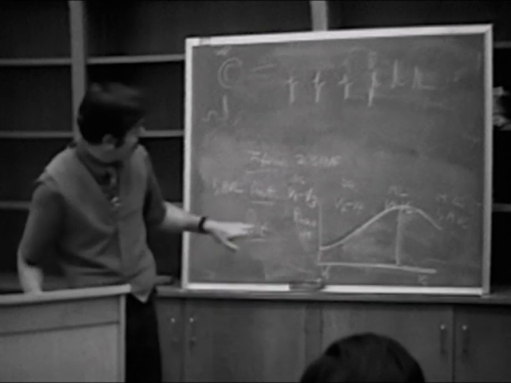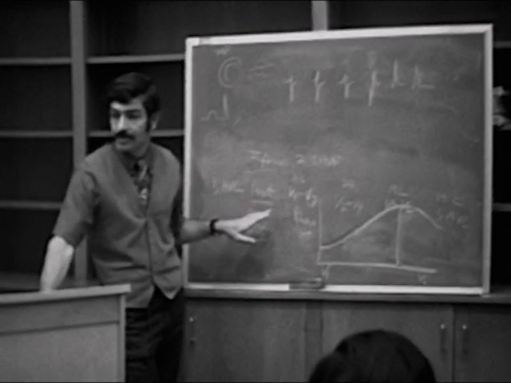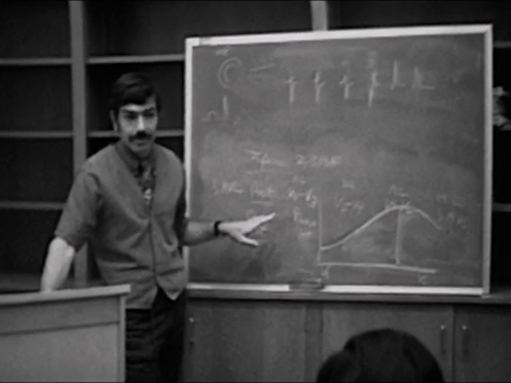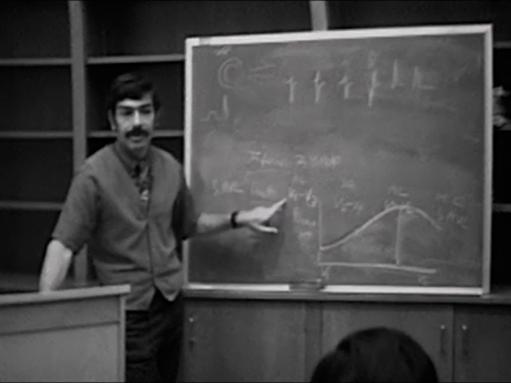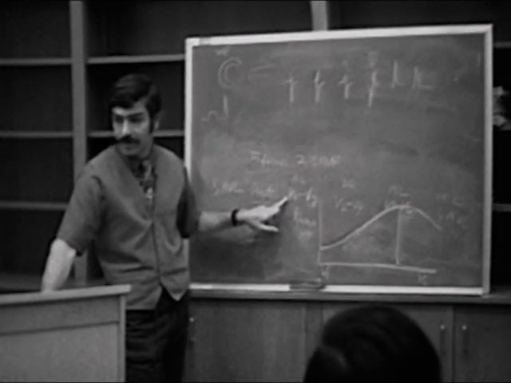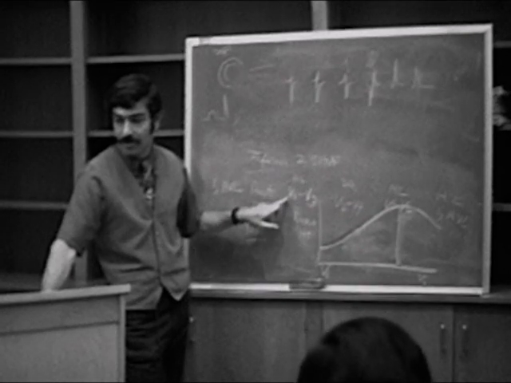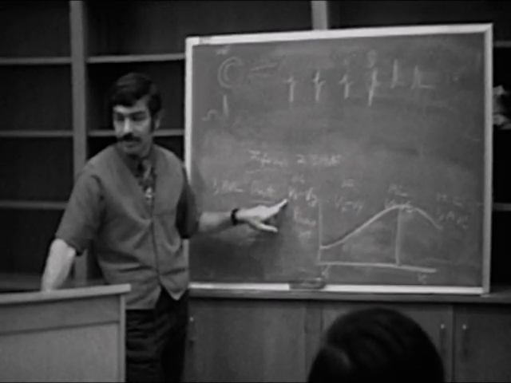Whereas the anterior wall, for the most part, is supplied by the left coronary. This area here would be the area supplied by the anterior descending, V1 through V3. This is the region supplied by the LAD, the anteroseptal region.